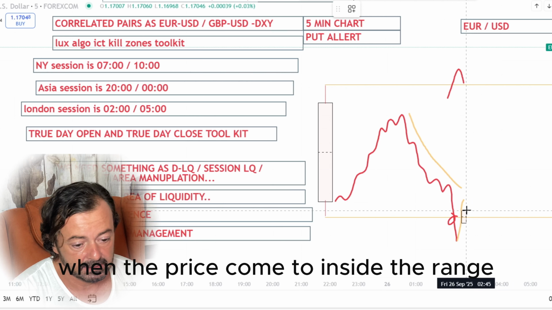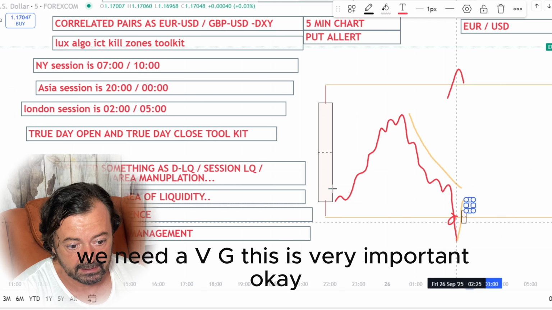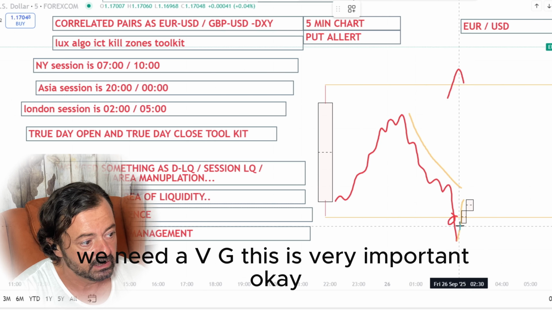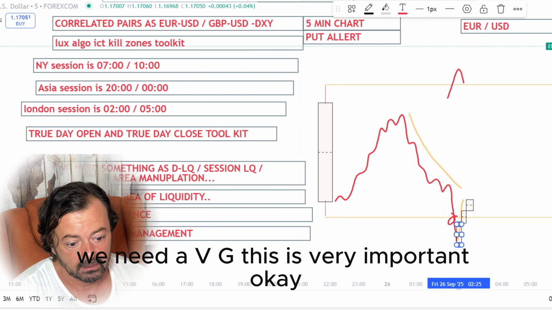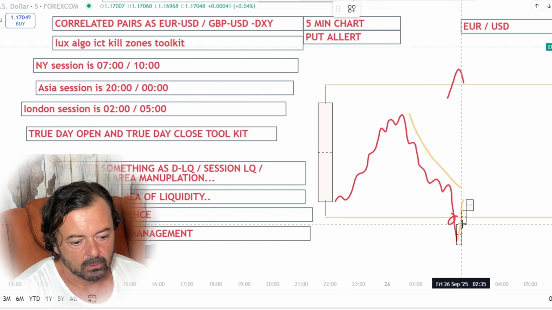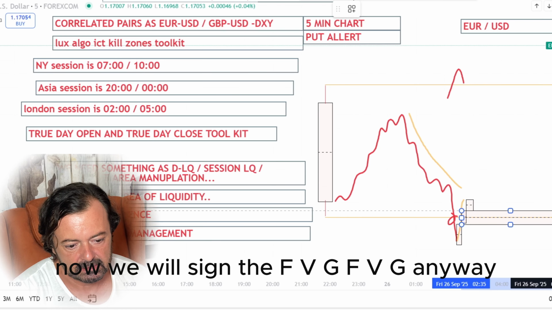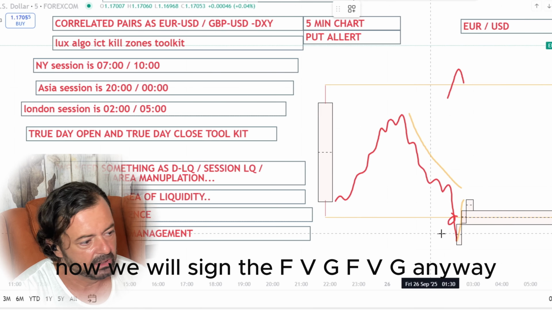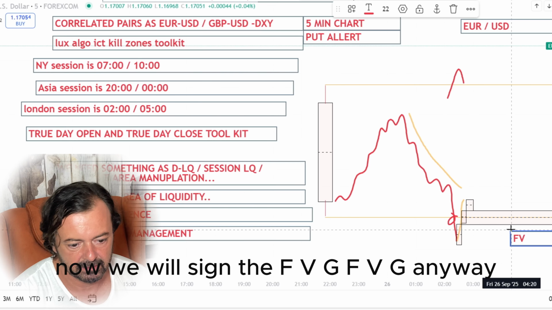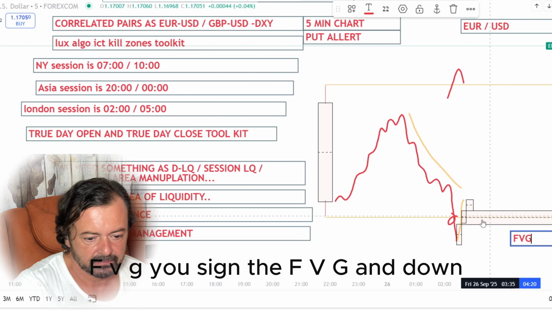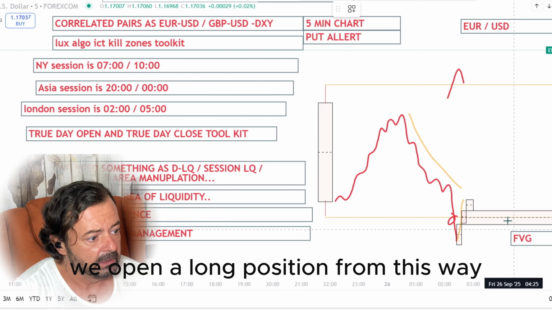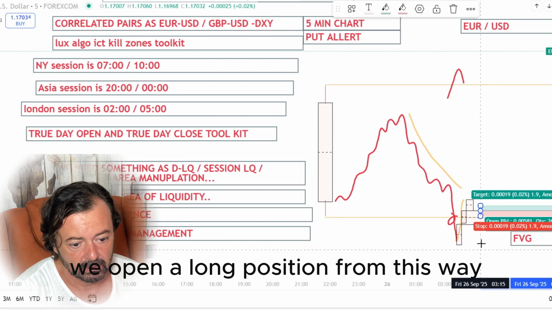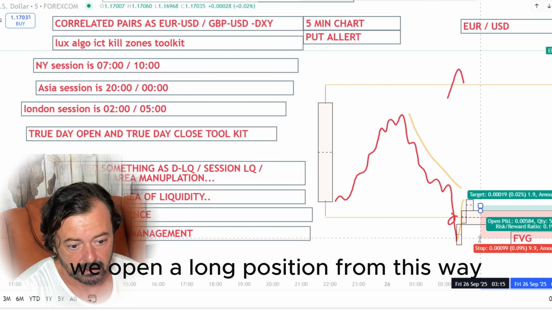When the price comes back inside the range, we need a Fibonacci. Now we mark the FVG. We mark the FVG, and then we open a long position from there.